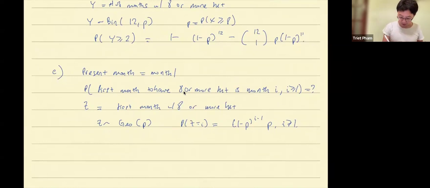All right, let's do the next one. This is question number 75. Two teams play in a series. First to win 4 games wins the series.